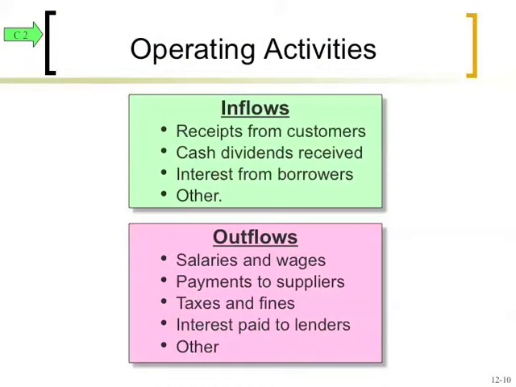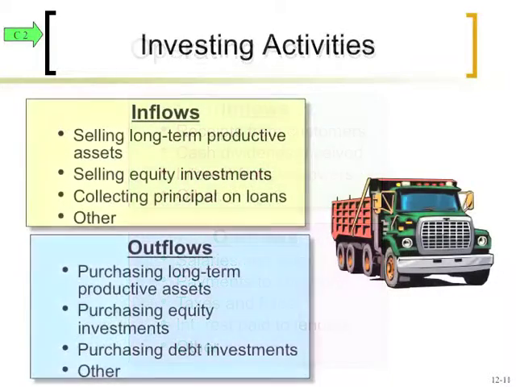In that section, you'll notice here we're looking at receipts from customers, net income. We're looking at outflows, increases or decreases in current assets. In the next slide, slide 11, we look at the investing activities, and here we're concentrating on, did we buy or sell long-term assets?